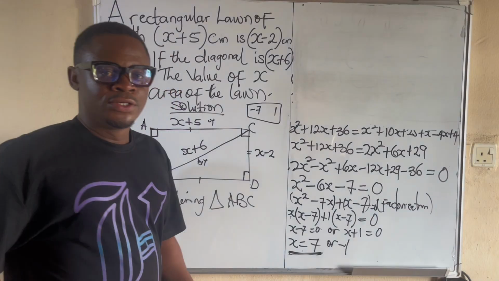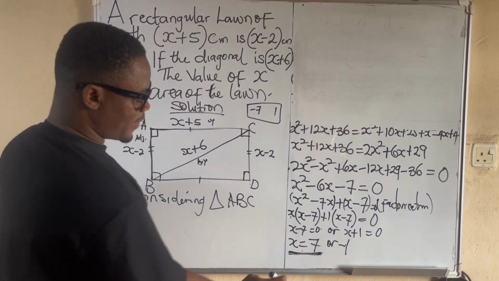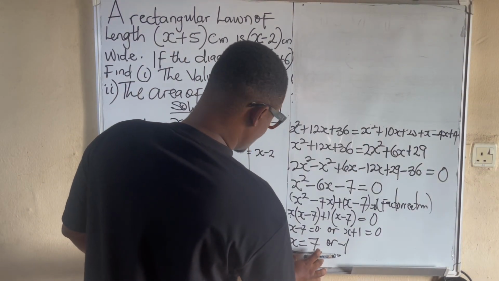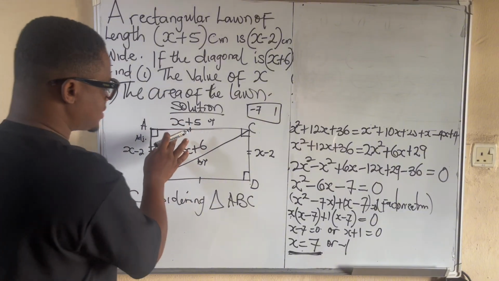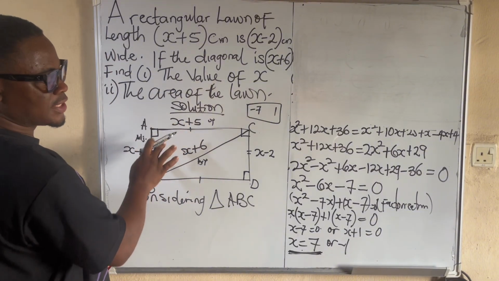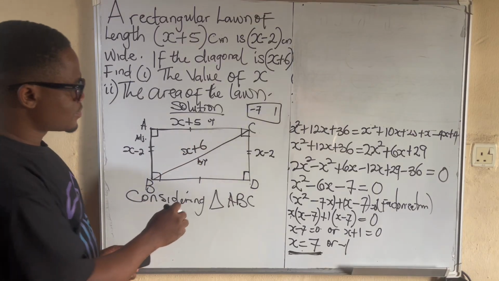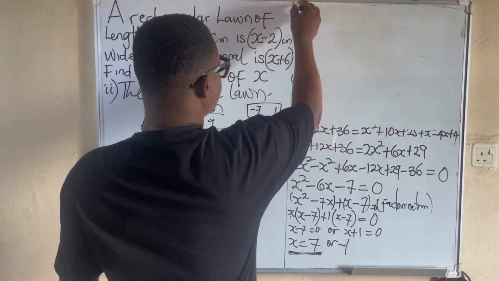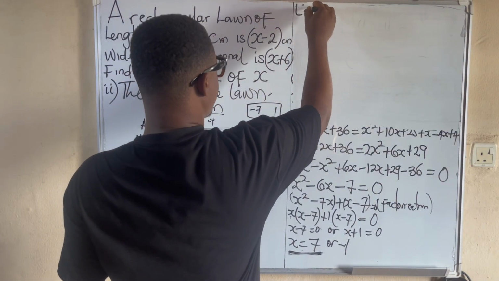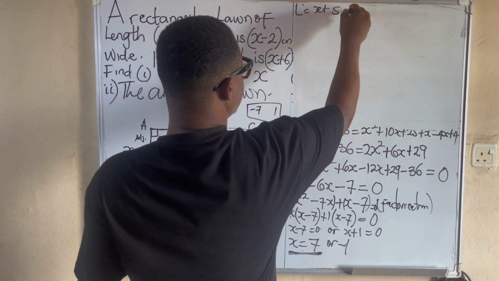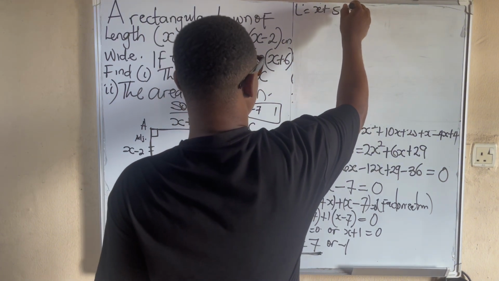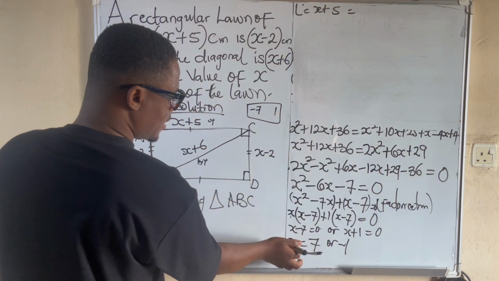All right. So we have established that the value of x is 7. So we can easily replace 7 here in order to get the length of the sides. So for the length L, which is equal to x plus 5, the value of x is 7.